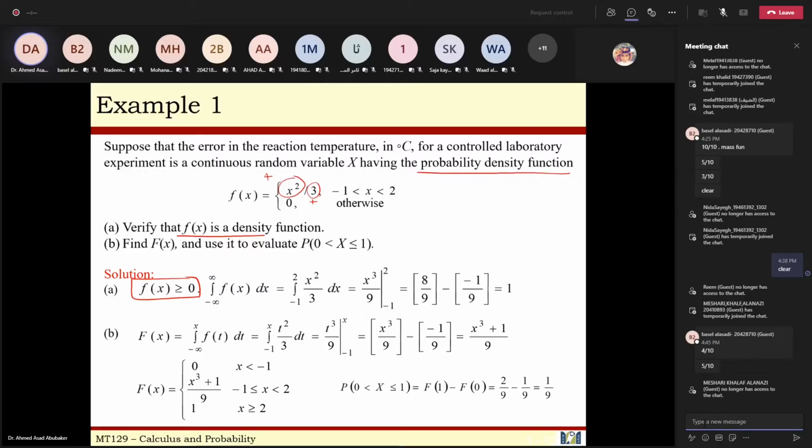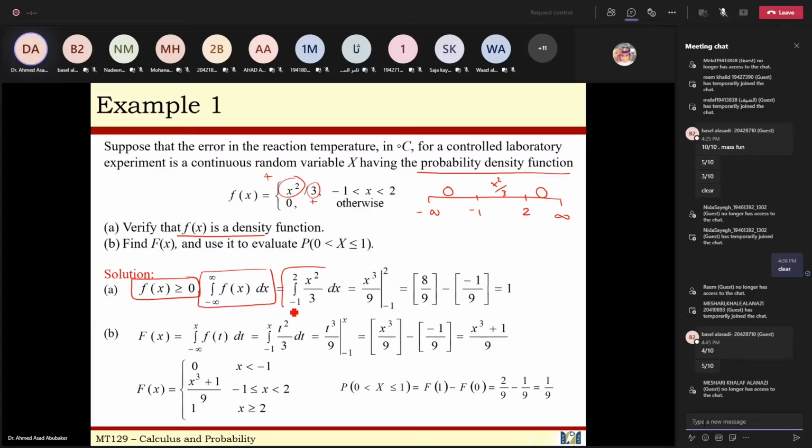Now, the second condition, we must find the value of the integral from minus infinity to infinity. But for this function, from minus infinity to infinity, less than -1 it is 0, greater than 2 it is 0, and we have only x squared over 3 from -1 to 2.